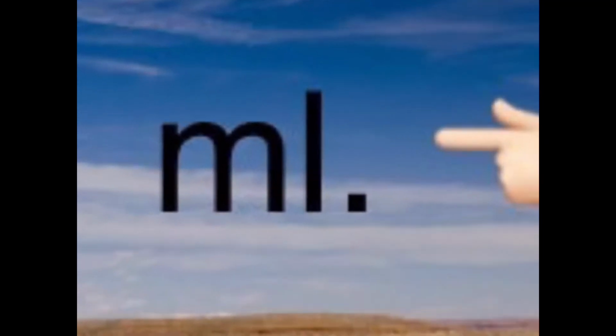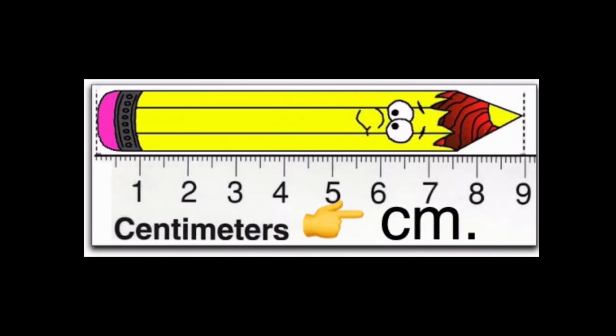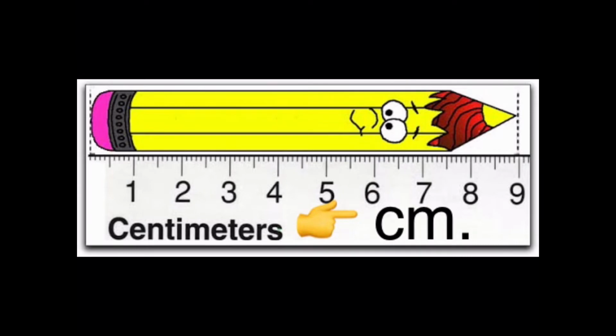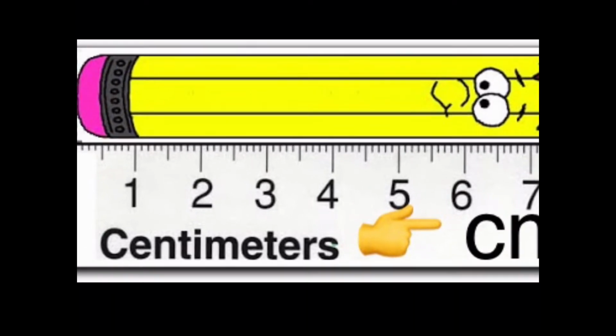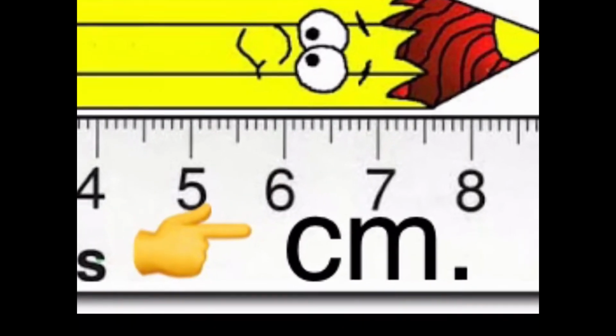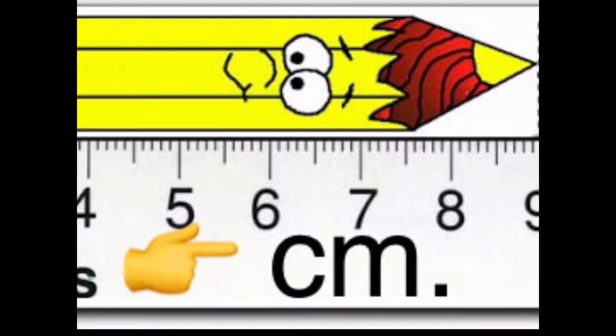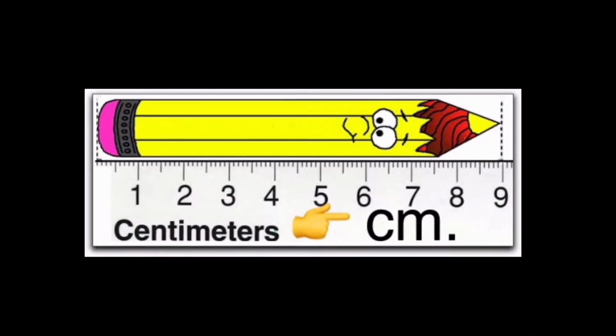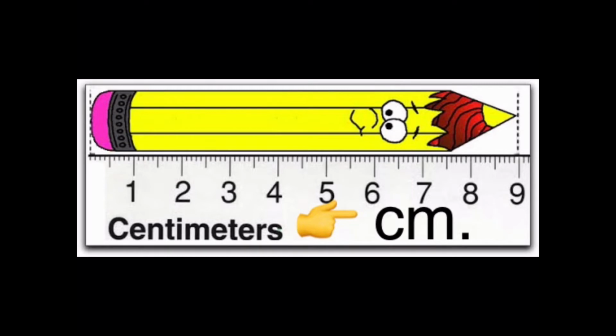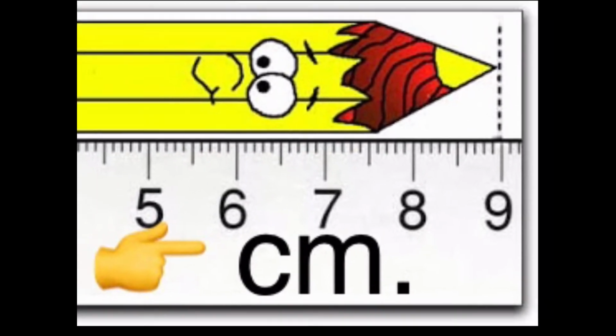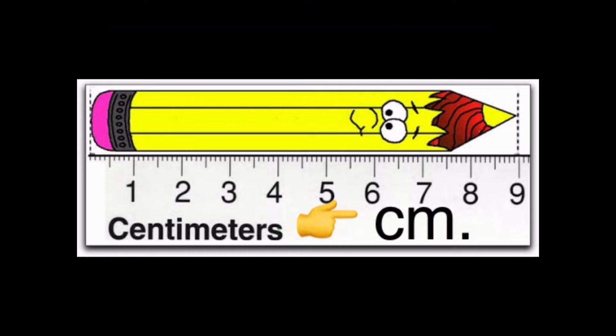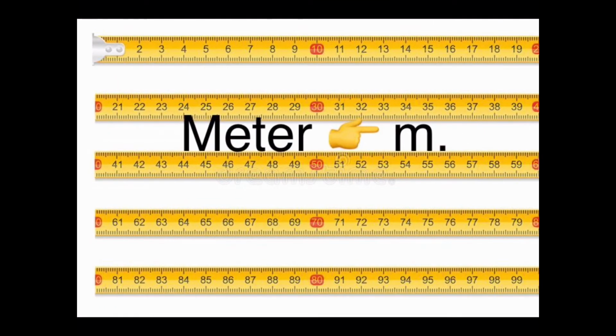Mile is abbreviated into ML and a period. The next one, centimeters. Centimeters is abbreviated into CM and a period. Now here, if you can see, we can write the pencil is 9 centimeters or 9 cm period.